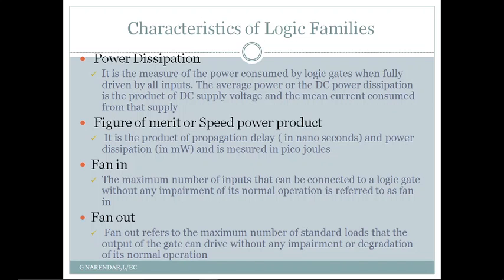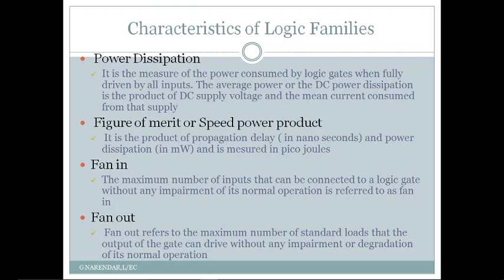That means while making one digital circuit, the power dissipation may be of importance, so the circuit should operate at low power. In another circuit, the speed is important, so the propagation delay must be less.